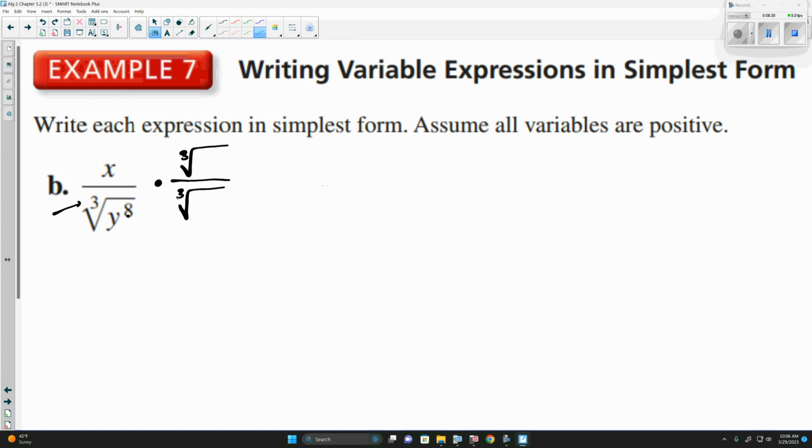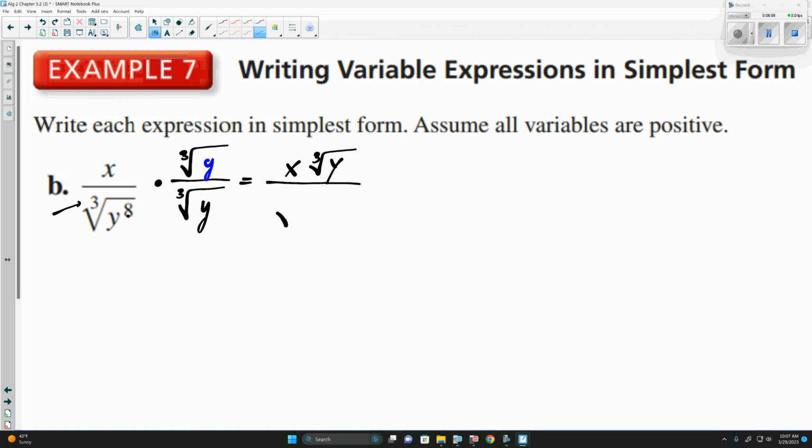Well, how many more y's do I need to get from 8 to 9? 1 more, yes? So I'll multiply top and bottom by the cubed root of y. Now the reason that this is a little bit nicer is we don't have to change back from exponential to radical. Now in the numerator we have x times the cubed root of y.